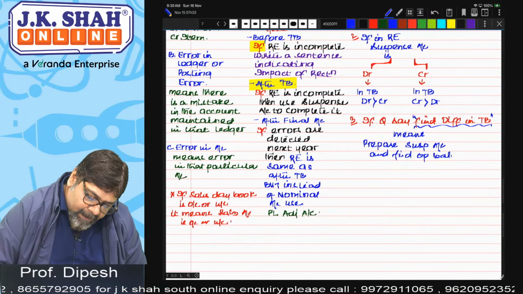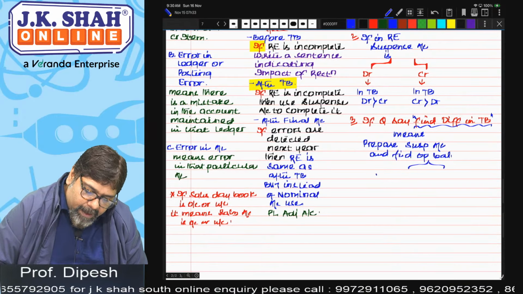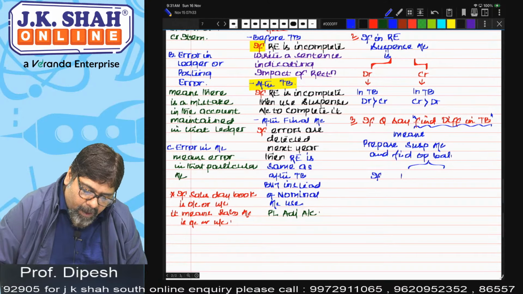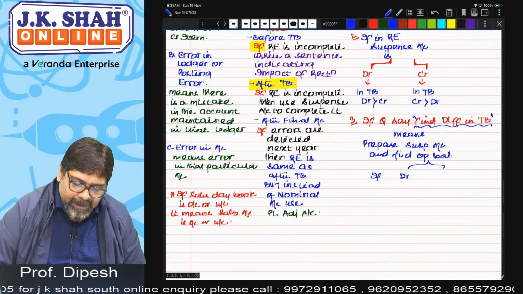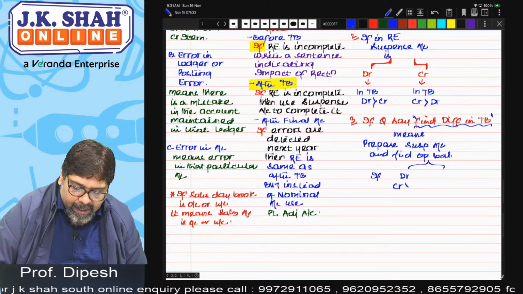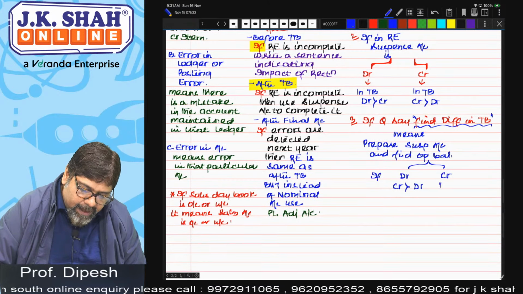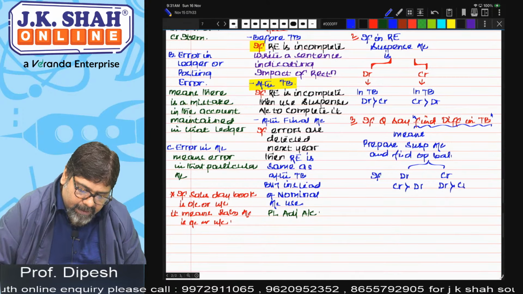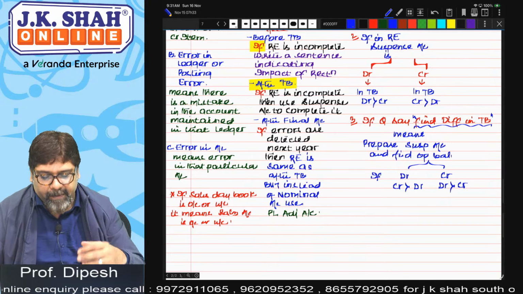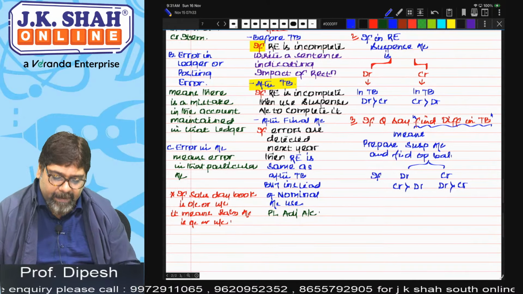Am I clear? If the suspense is on debit side, then credit is greater than debit. If it is on credit, then debit is greater than credit. Correct?